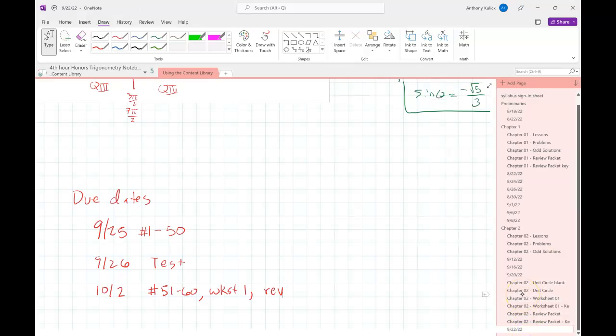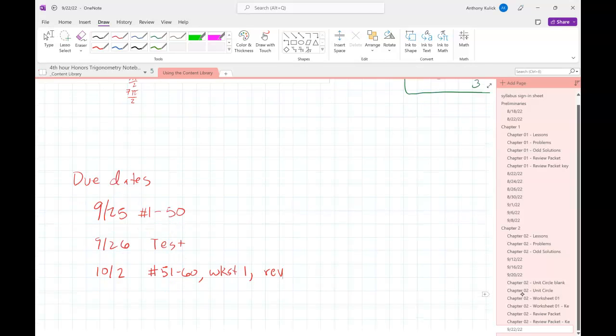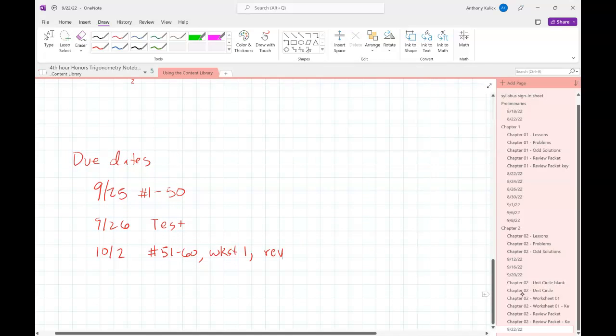Just like we did for 59 or 60. It's just some more practice on that type of problem because it seemed a little lacking in the problem set. You know what I mean? Any questions about your due dates?